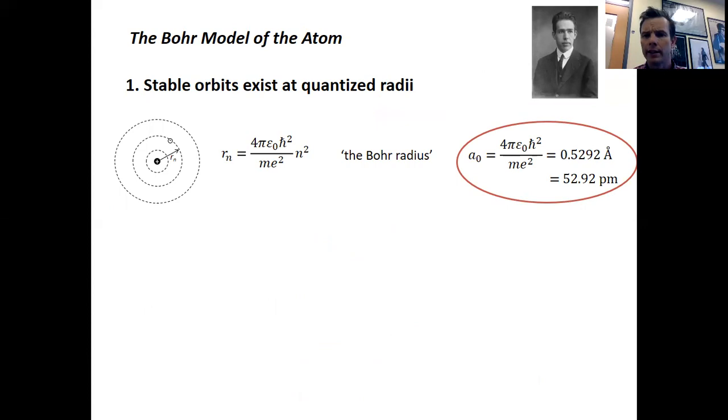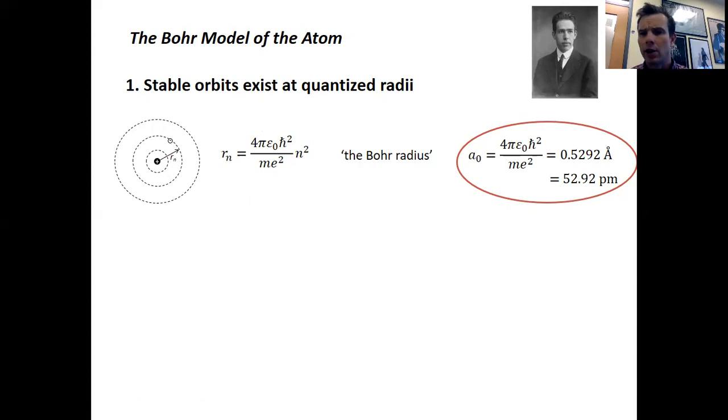And if you look at this in particular, what you'll notice is that there's a bunch of constants, 4 pi, epsilon zero, h bar, times n squared. And so what Bohr predicted is that stable orbits exist at quantized radii, that the electron was going to exist in these orbits. Now, these constants up front end up being incredibly important moving forward.